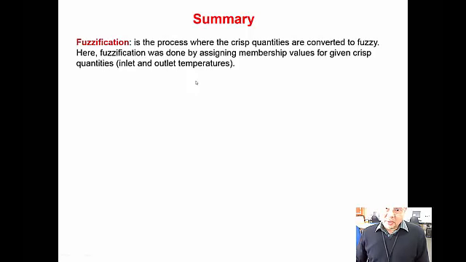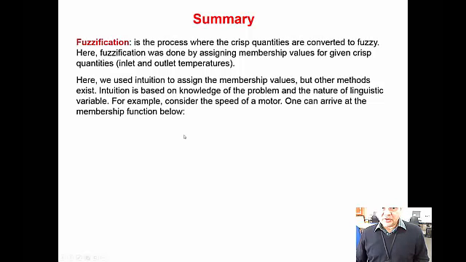So more about fuzzification. Membership function. How can I decide the membership functions? We decided on them here by intuition. That means we knew something. You cannot decide on the membership functions if you don't know what is the variable you are controlling. For example, here I consider a case of the speed of a motor.